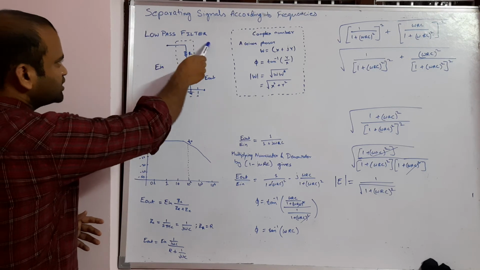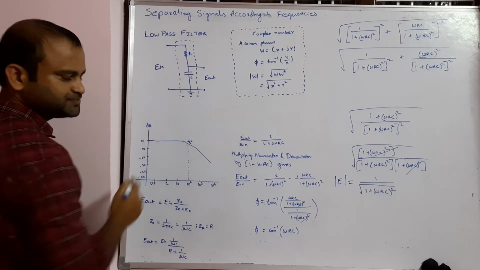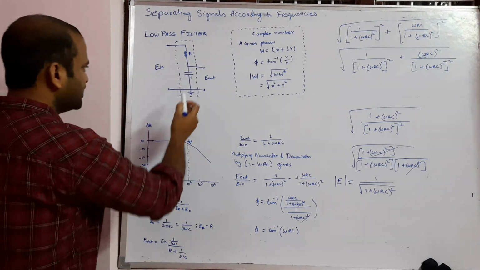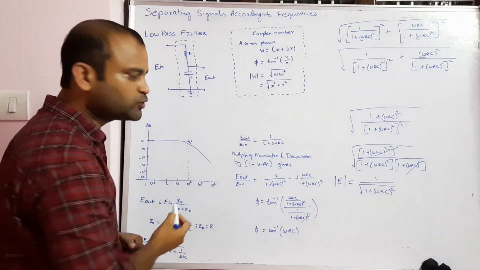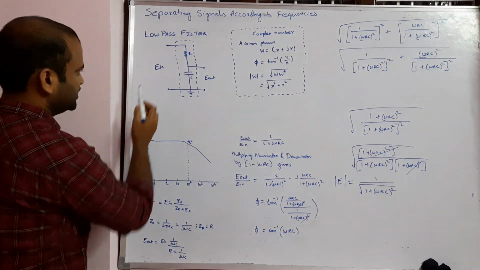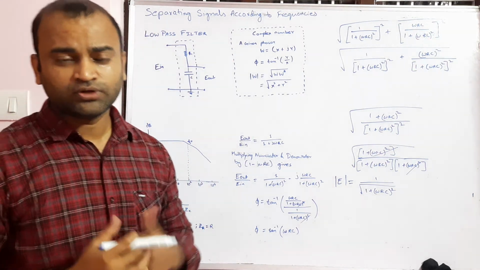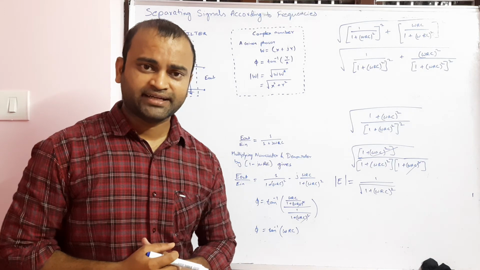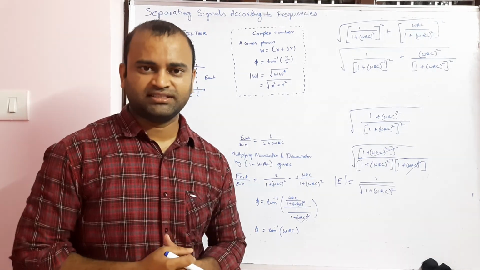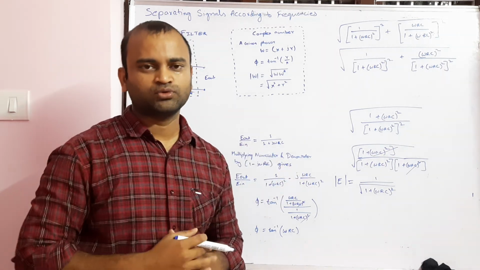We are constructing this using a resistor and a capacitor in series. So it's a series combination of an RC low pass filter, and we are measuring an output voltage across the capacitor, and we have an input voltage here. Now the important thing we need to recall from our previous video is that if a signal has a high frequency, then it is allowed to pass through the capacitor.